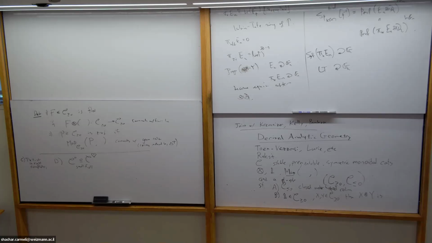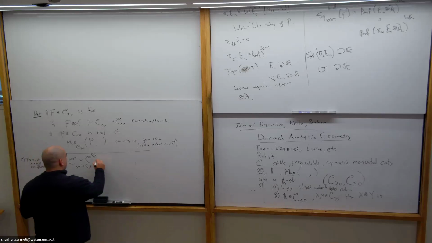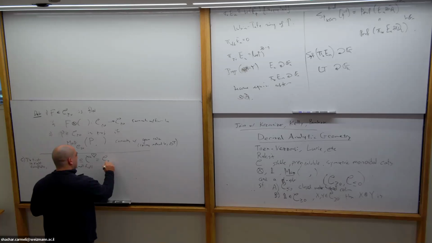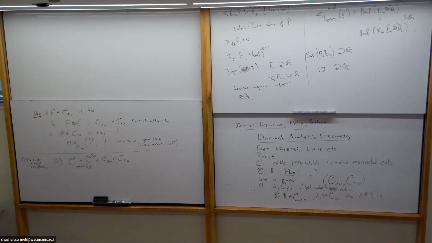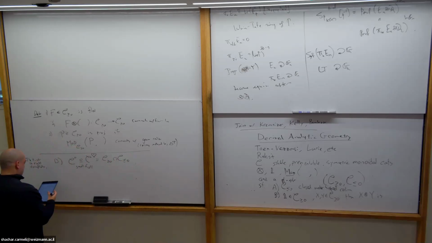You have a small full subcategory in the heart, which is closed under finite coproducts, and its objects form a set of compact projective generators.